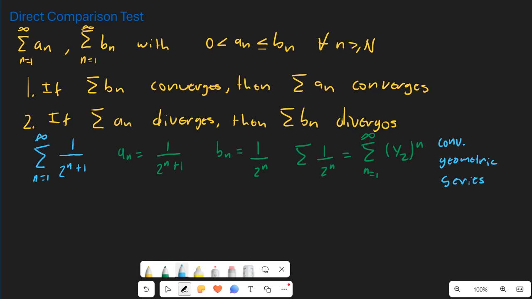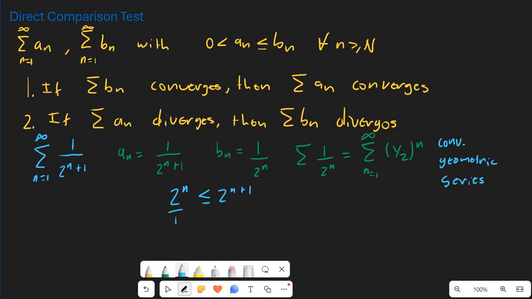What that means is that we just need to show that these inequalities are true. Notice how we could look at 2 to the n, and for sure, that's going to be less than or equal to 2 to the n plus 1.